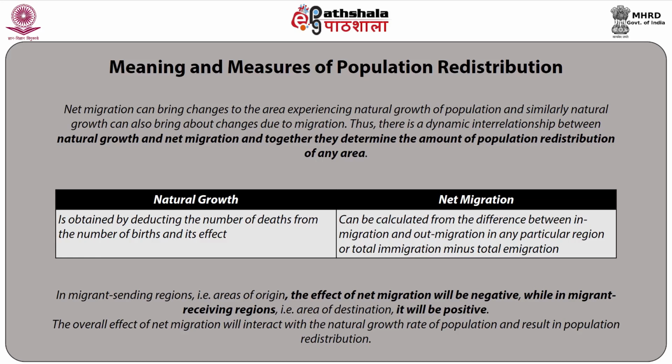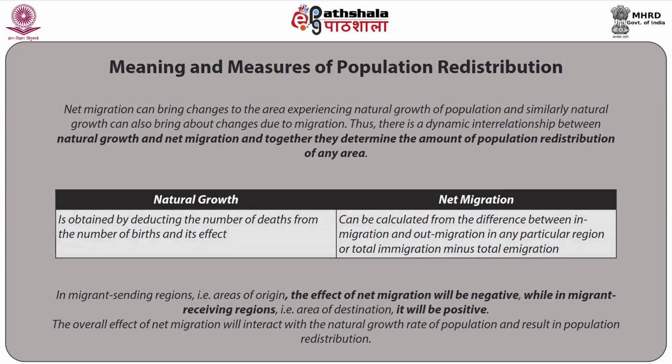In migrant sending regions, that means areas of origin, the effect of net migration will be negative, while in migrant receiving regions, that means areas of destination, it will be positive. The overall effect of net migration will interact with the natural growth rate of population and result in population redistribution.